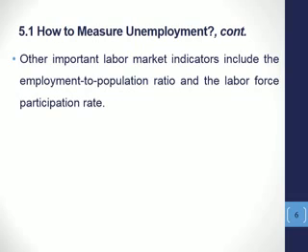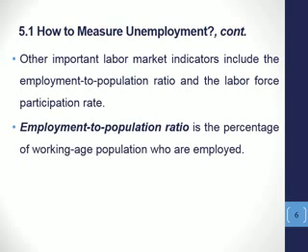In addition to the unemployment rate, we also have some other important labor market indicators like what? Employment to population ratio and the labor force participation rate. So let's start with the employment to population ratio. Employment to population ratio is the percentage of working age population who are employed.